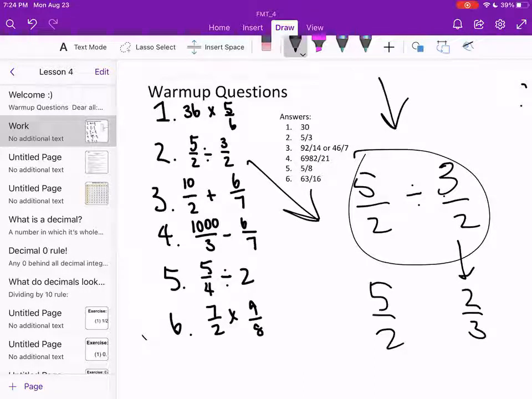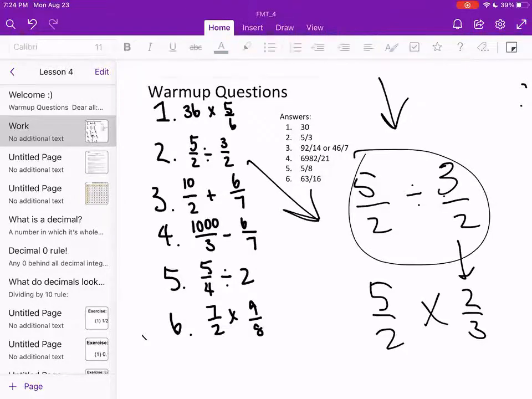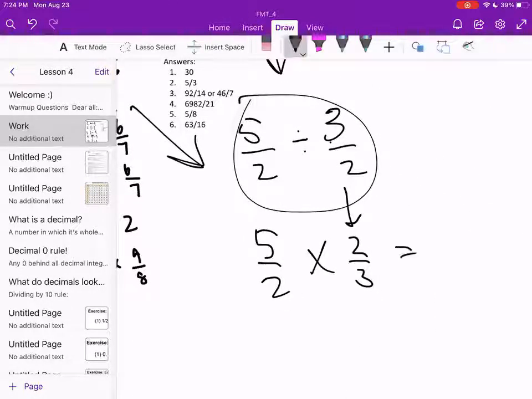What do I do now? Change the sign. Multiply. Good job. Nice. And then you basically do the multiplication, which is 10 out of 6. And that's the answer, I think. Yep, that's the answer. Good job.